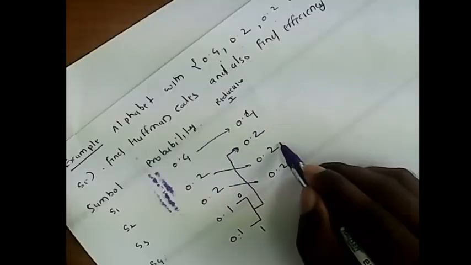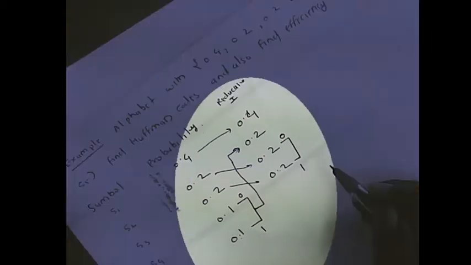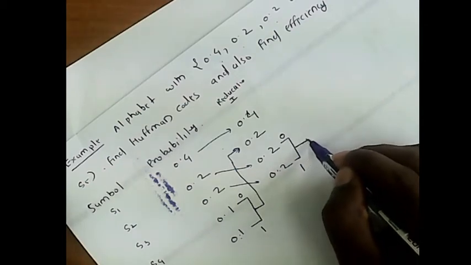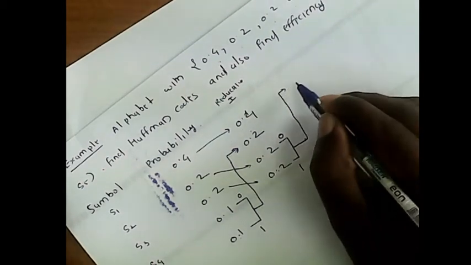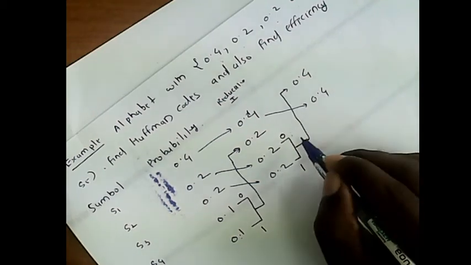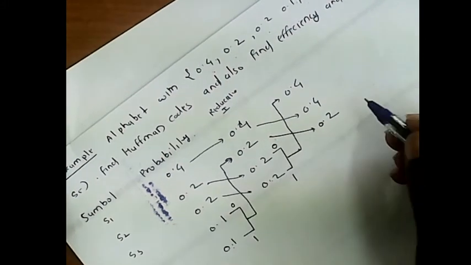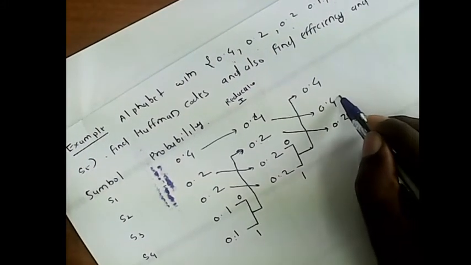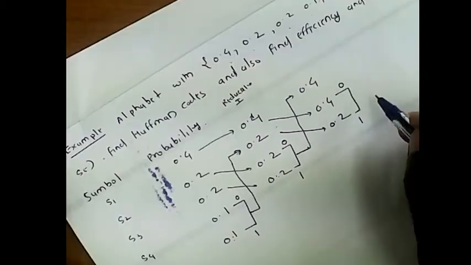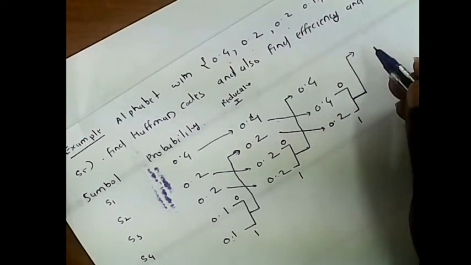Again we combine the two lowest probabilities, assign 0 and 1, then combine and give the position as high as possible. So we write 0.4 here, and 0.2 here. Again we combine these two lowest probabilities, assign 0 and 1, then combine the two symbols and place as high as possible.